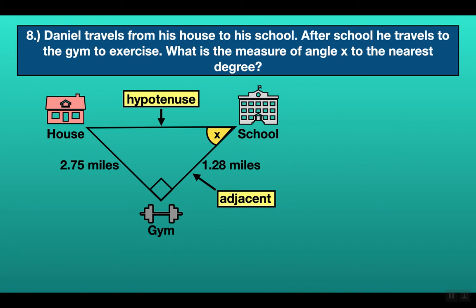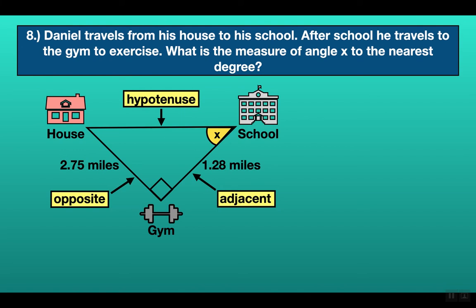It's the side that together with the hypotenuse forms angle X. So the adjacent side is 1.28 miles, and that leaves the other side on the complete opposite side. That's the opposite side, the one that says 2.75 miles. It's the side that is not touching angle X at all.